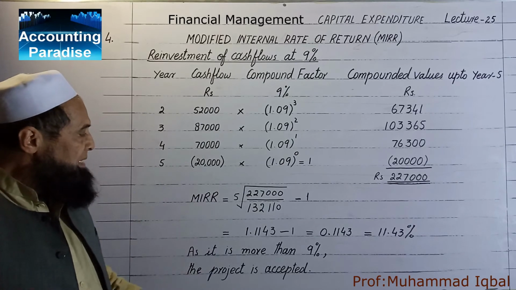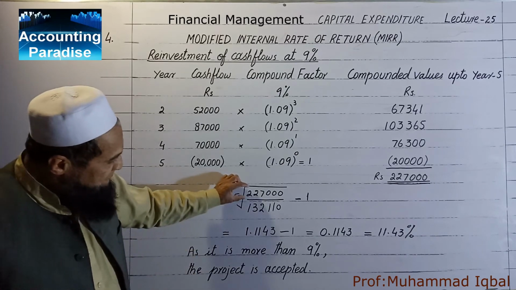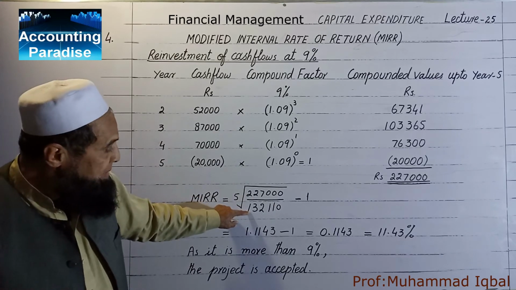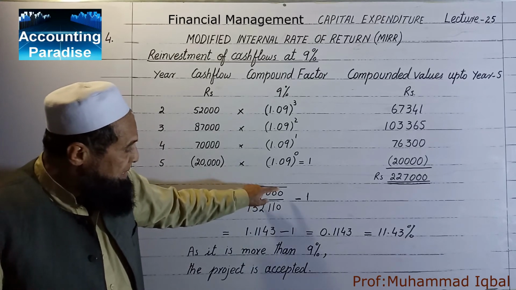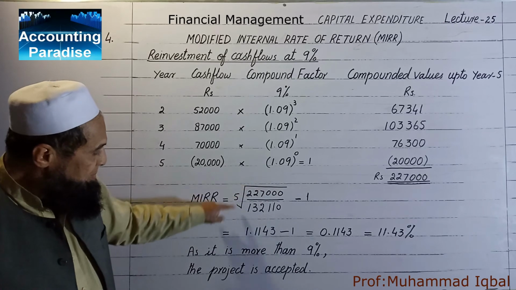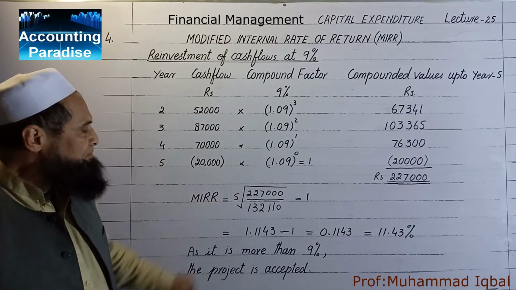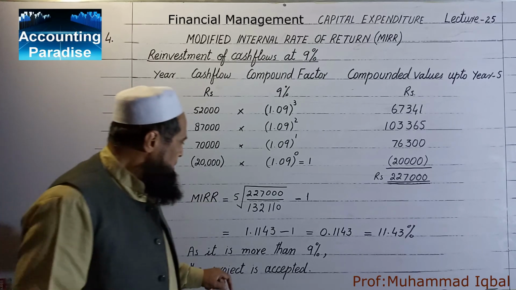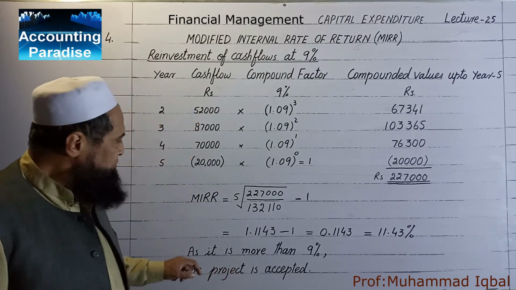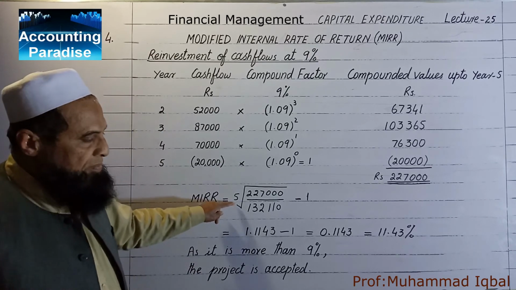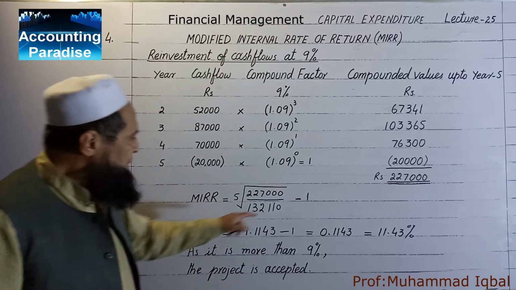Modified IRR is equal to the compounded value divided by the present value of the investment, and it is raised to the power one over five, minus 1.